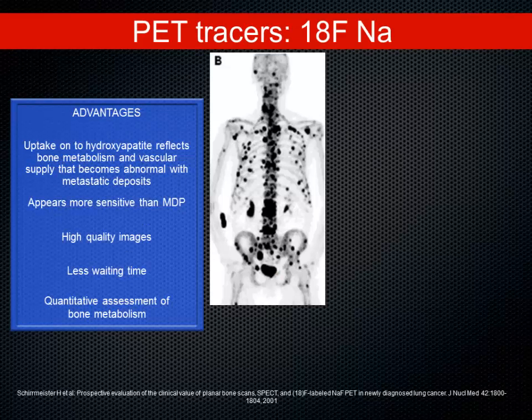The reason they say fluoride is useful is that it's highly sensitive, and you get high quality images with less waiting time. And I think the more important value of fluoride will be in quantitative assessment of bone metabolism. For example, if you look at two superscans and the clinical question is whether it is progressing or improved, maybe by quantitative assessment we can tell, and people are working on some software programs to get a score, based on which we can say whether it's assessment or prognosis.